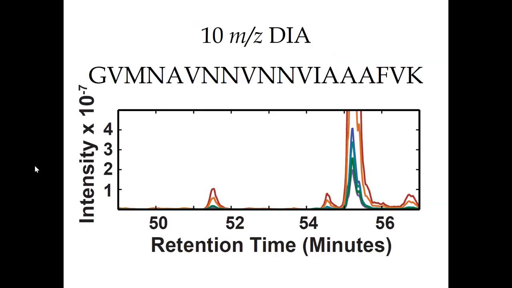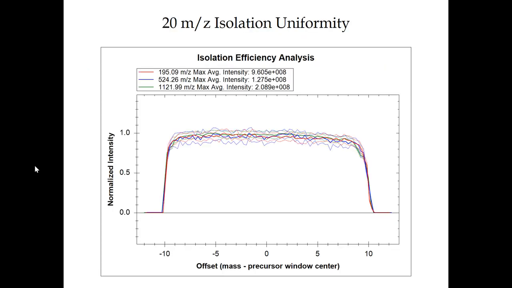One thing that's key to this method is the uniformity of the isolation quad. This is a question people generally ask a lot about DIA methods, this issue of what happens at the edges of your isolation windows. In DIA, remember, you're not always isolating right in the center of the window. This plot shows how flat the quadrupole isolation is on the Q-Exactive Plus or HF series, with the segmented quad.